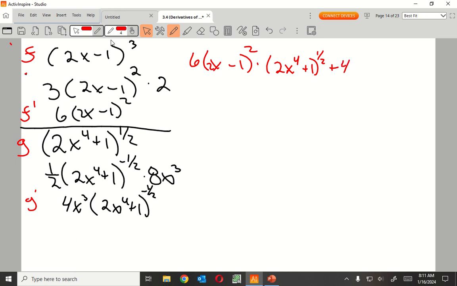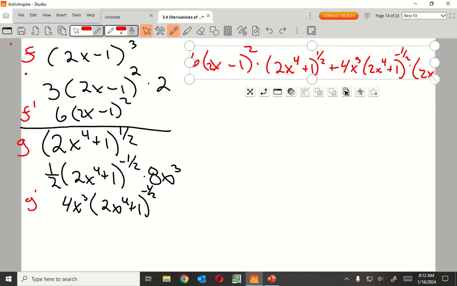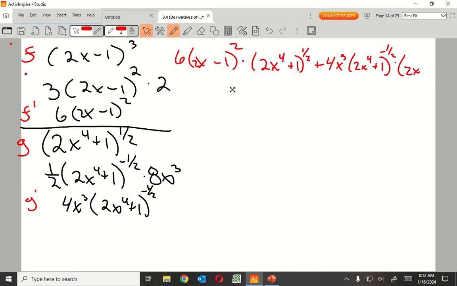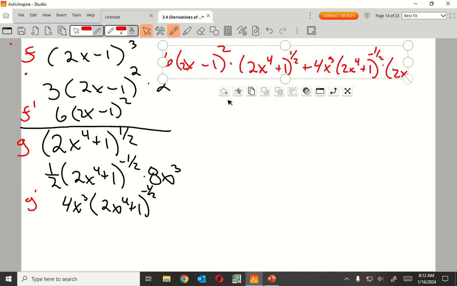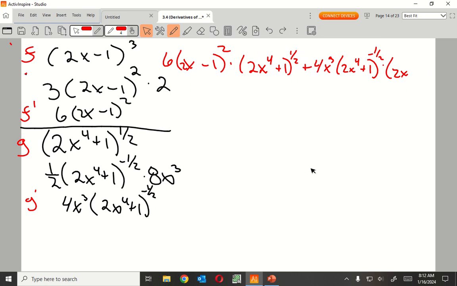So it's 4x cubed (2x to the 4th plus 1) to the negative 1/2, times f, which is (2x minus 1) to the 3rd. There we go.